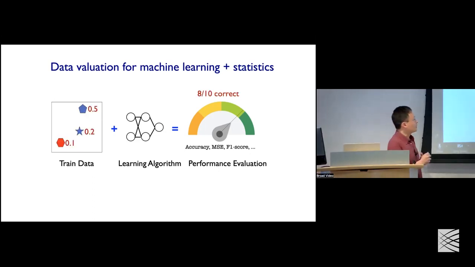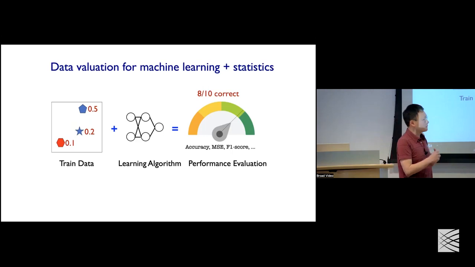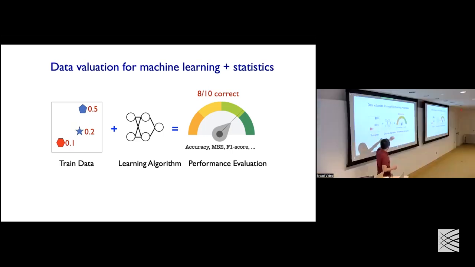And the idea of data evaluation is the following. It's very intuitive. I have my training data and I have my performance. Ideally, I would like to be able to mathematically attribute the model's performance back to the individual training data. So if the model gets 80% accuracy, ideally I want to know which data points contributed to that 80% accuracy.